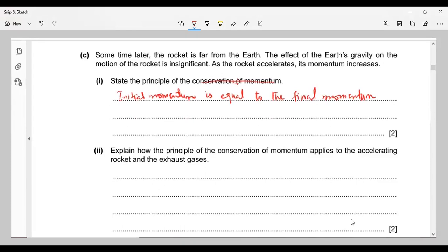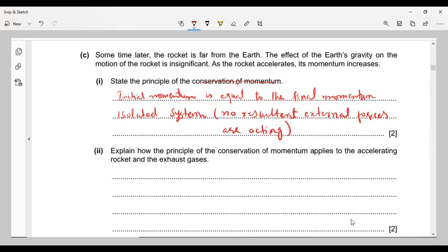This question has 2 marks, so we have to write at least 2 points to justify our answer. Initial total momentum is equal to the final total momentum, and this happens for an isolated system in which no resultant external forces are acting. So this will complete your answer.